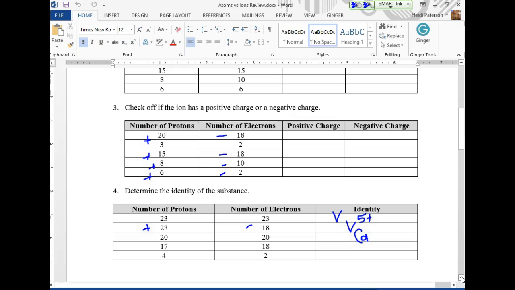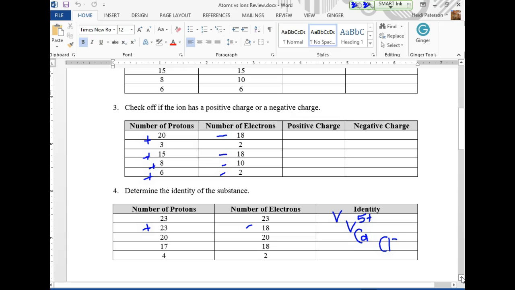The next substance has 17 protons and 18 electrons. What is this substance? Negative. It is, but what is the symbol? Oh, Cl. Cl 1 negative, or you can just put Cl negative. Because we're writing the negative sign, we're already indicating that there's one negative charge. But life is not complete without writing number 1 and then negative.